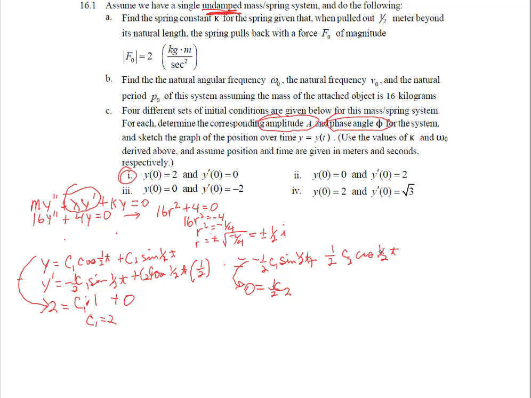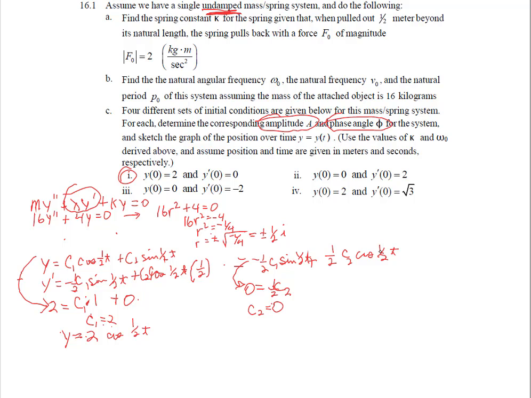Multiply both sides by 2, and we come up with c2 is 0. And so our equation here is going to be y equals c1 cosine 1/2 t plus 0.